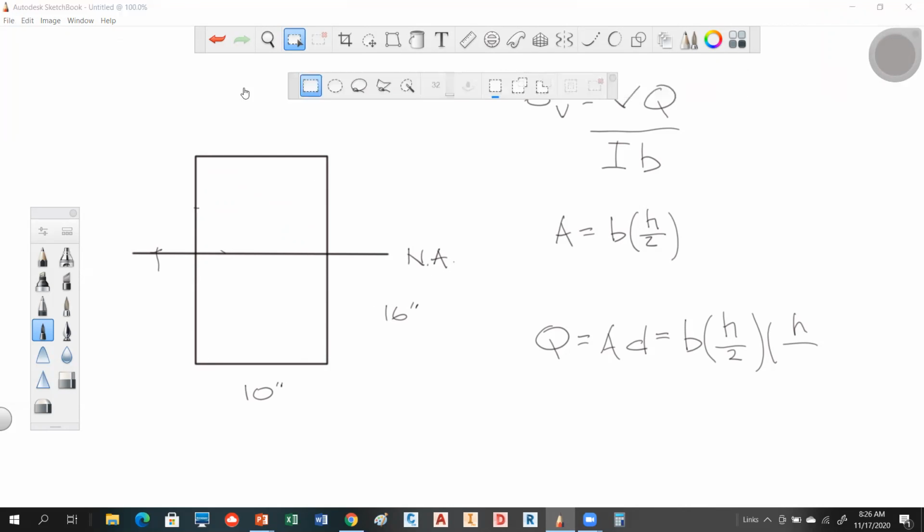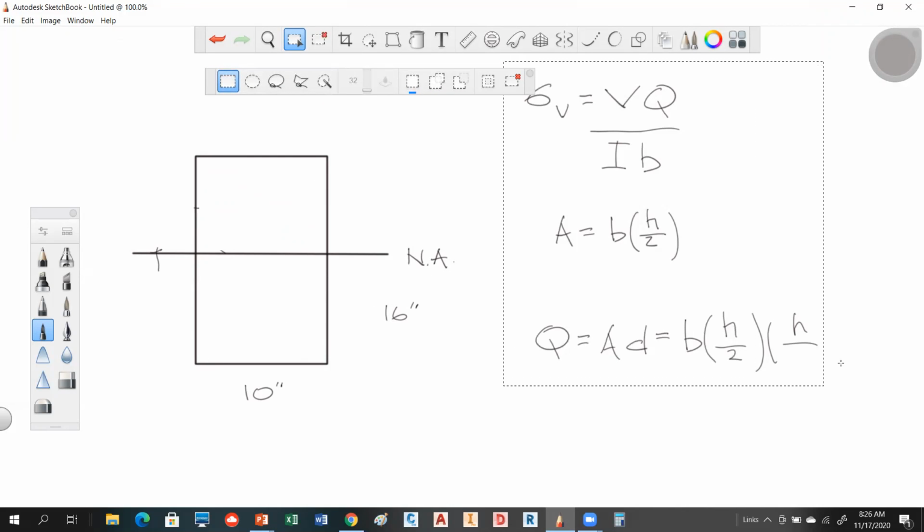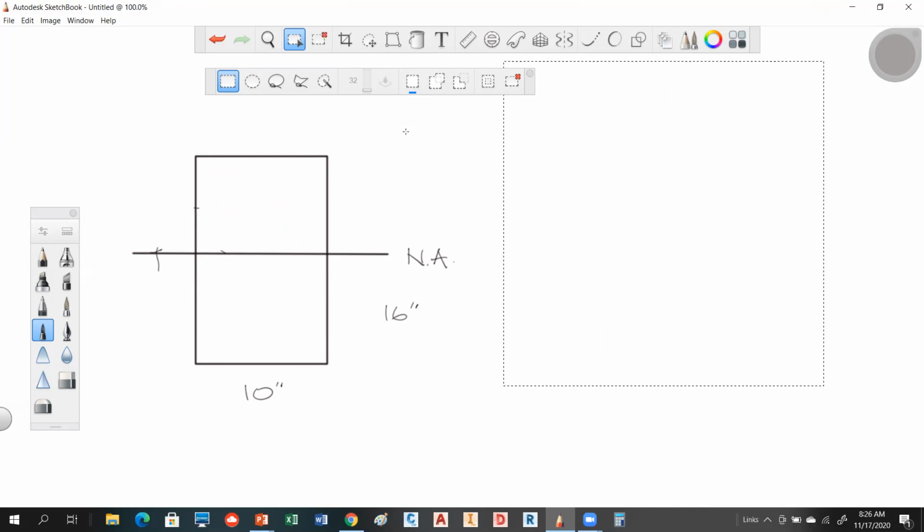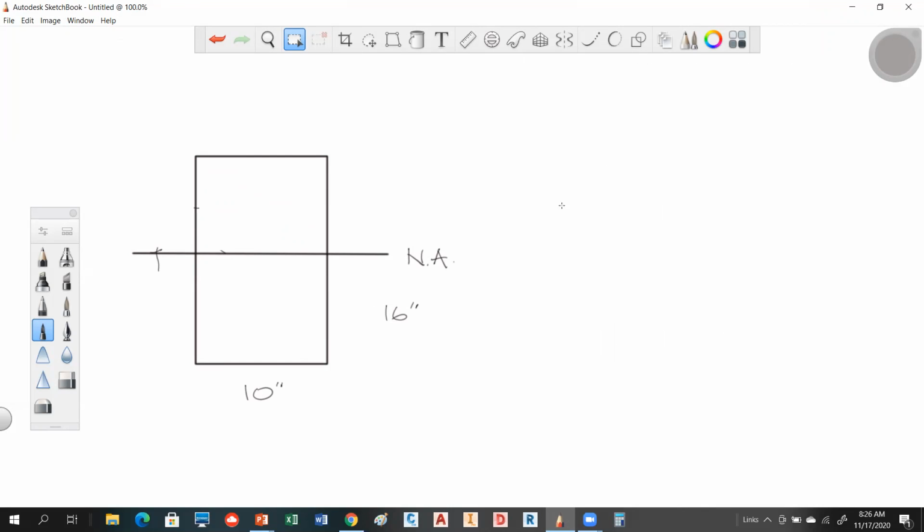I want to spend a little bit of time with Q because that is really the hardest thing to deal with in this equation. The rest of it's pretty simple. So if this is truly centered, this is going to be 8 inches here and 8 inches here.